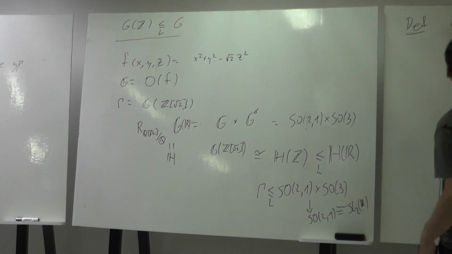So let G be, say, a semi-simple Lie group, and gamma in G a subgroup.